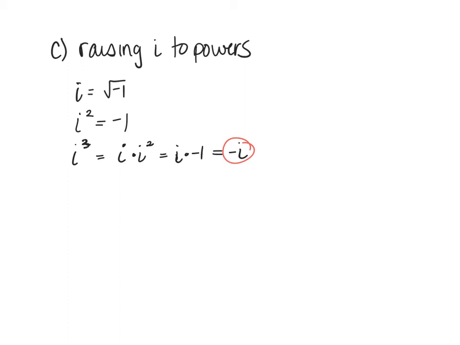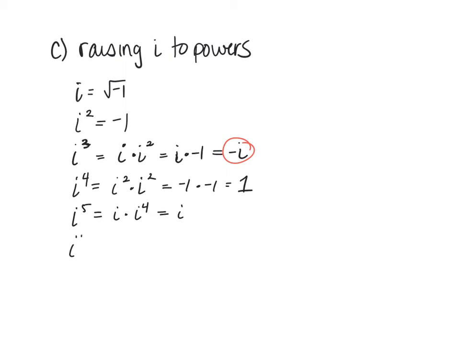And then i to the 4th is equal to i squared times i squared, which is negative 1 times negative 1, it equals 1. And then if I go to i to the 5th, that's i times i to the 4th, which is just i, because i to the 4th equals 1.